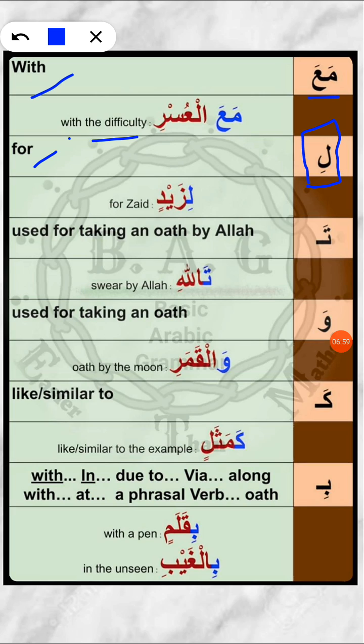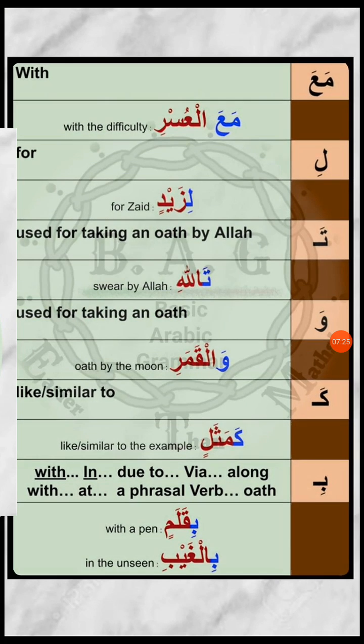Okay, so one of those three types of lam is this li, the one with kasra, and it means for. And how are you going to know about this thing? Is that it's going to cause its ism to be in majrur form. For example, for Zaid, li Zaidin. Okay, that's how you're gonna differentiate.